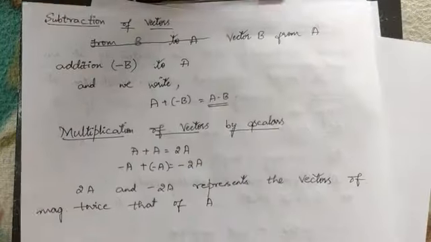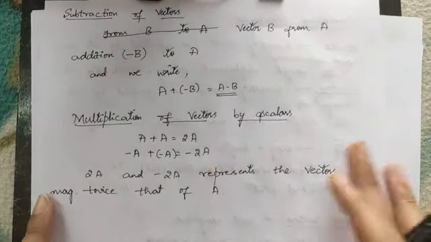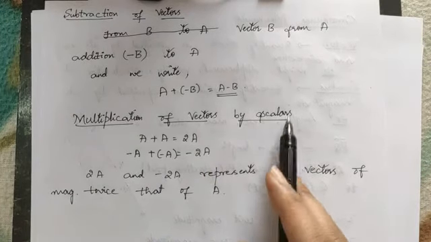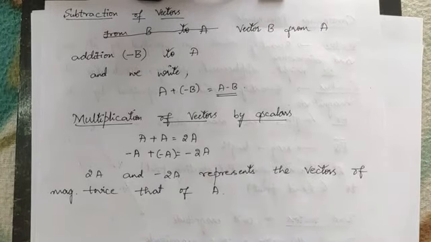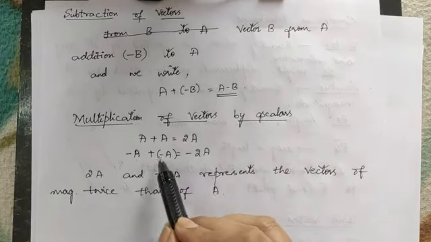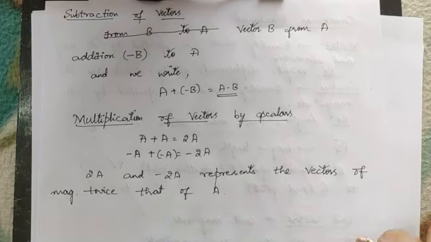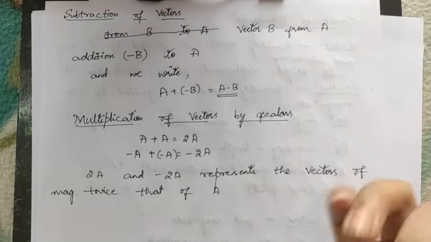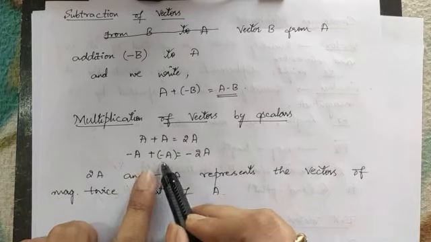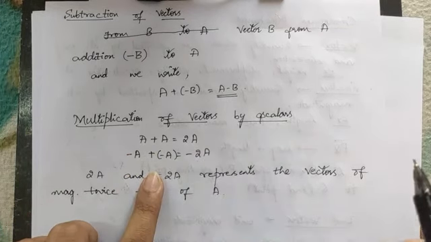Now let's move to multiplication of vectors by a scalar. To explain this, we are considering A plus A and minus A plus of minus A, in both positive and negative form. A plus A gives you 2A, minus A plus of minus A gives you minus 2A.